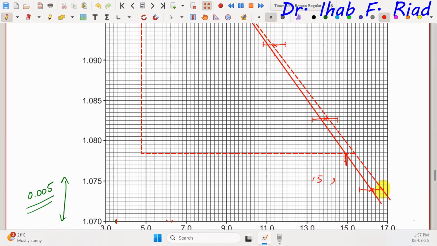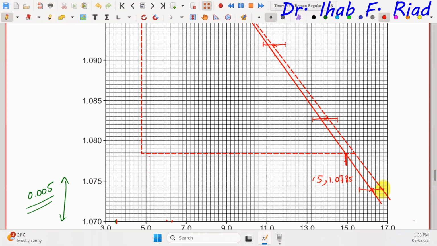Then what is the y-axis? 1.0785. Can you read it? 1.0785, right? Now, this is for the best fit.